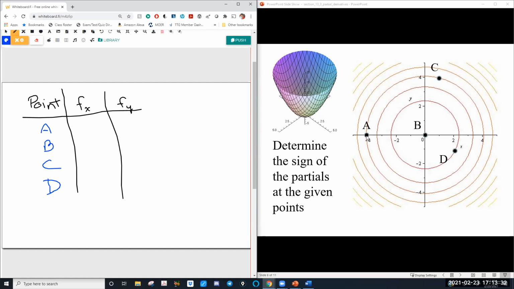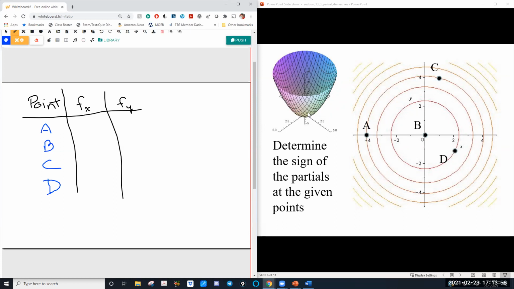We're right here at this point, and we want to determine the sign of the partial. That would mean if we were to make a move in the positive x direction, so to the right, what would happen with the value of the function? Well, notice what's happening with the contours. This contour would be a line out here.